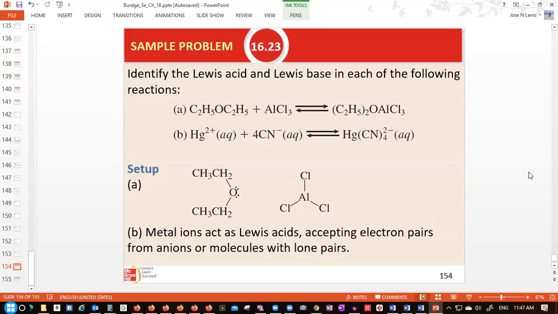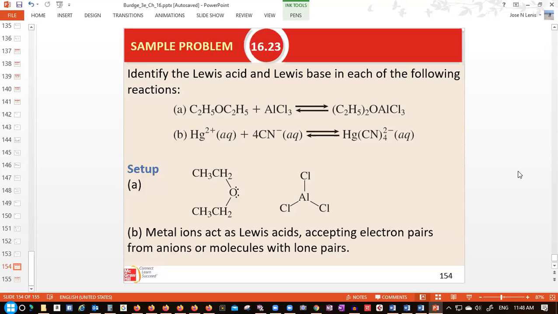All right, here we finish chapter 16, general concepts of acids and bases. However, we are not done with acids and bases. We are going to cover more topics on acids and bases in the next chapter, chapter 17, application of what we just learned. Especially we are going to work with weak acids and bases.